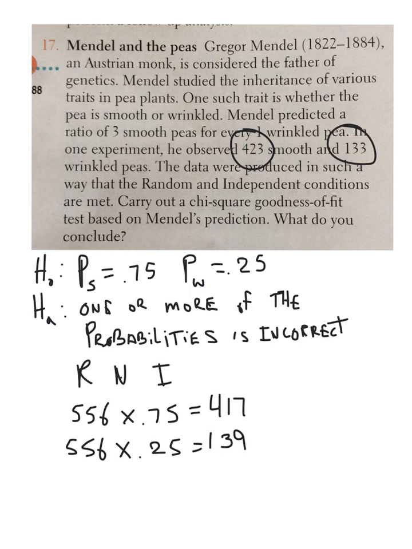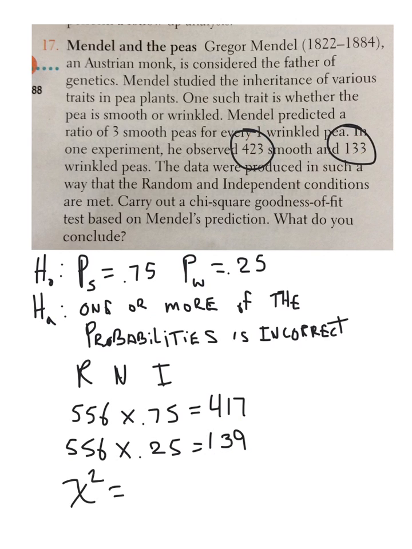I have a feeling that we're not going to reject the null hypothesis, but let's put them into the goodness of fit test. So we're going to put these two numbers, 423 and 133, into list 1, and 417 and 139 into list 2. So when I did that, I got, here we go, chi-square, that number.